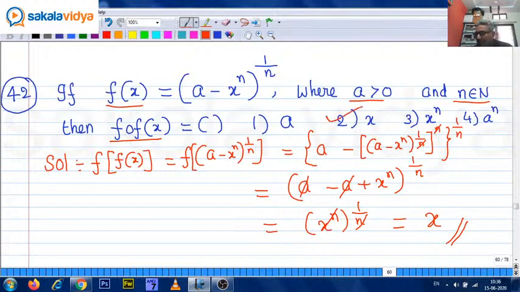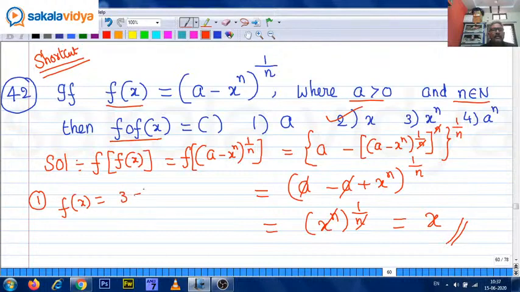So whenever the question is like this, always remember this as a shortcut. I derived the shortcut. For the problems you can use this. For example, one problem let me discuss. f of x equals 3 minus x to the power of 7 whole to the power of 1 by 7. Then f circle f of x is x. That's the answer.